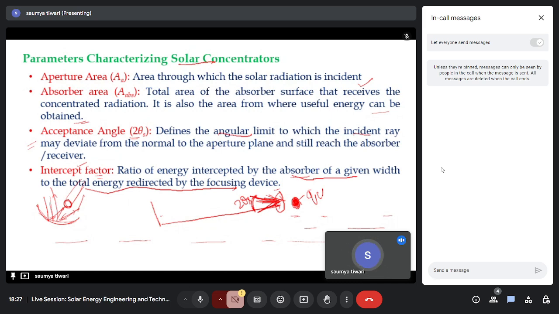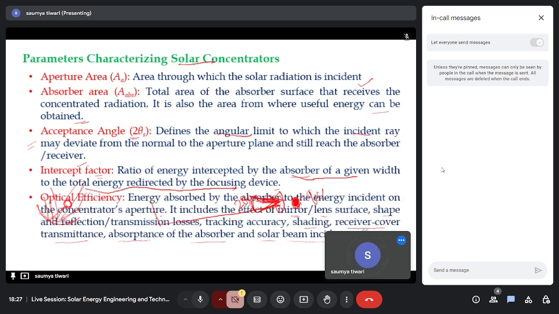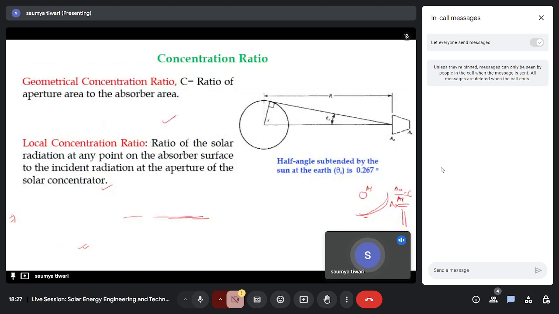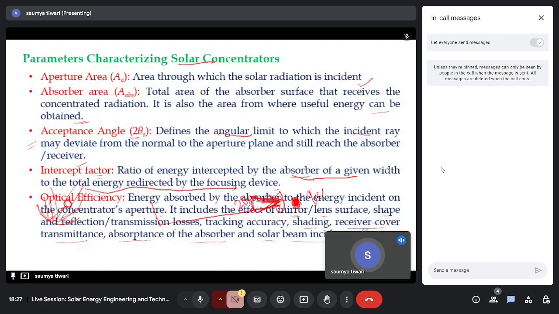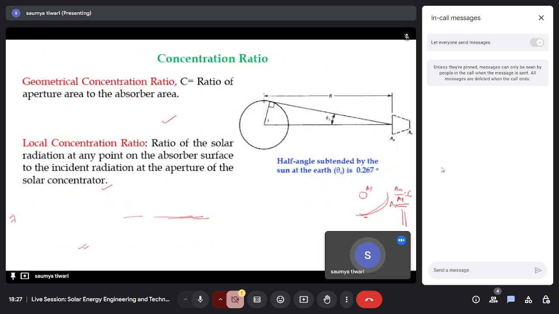So that ratio is known as intercept factor. Optical efficiency is how much energy is absorbed by the absorber relative to the incident energy on the concentrator aperture, right? So these are some important terms that we need to have an understanding of. Now another is the concentration ratio.